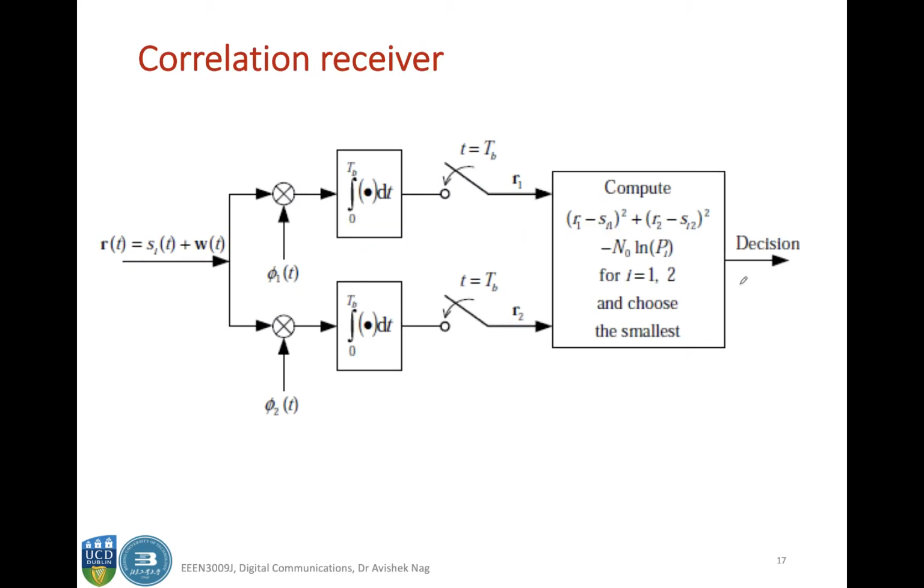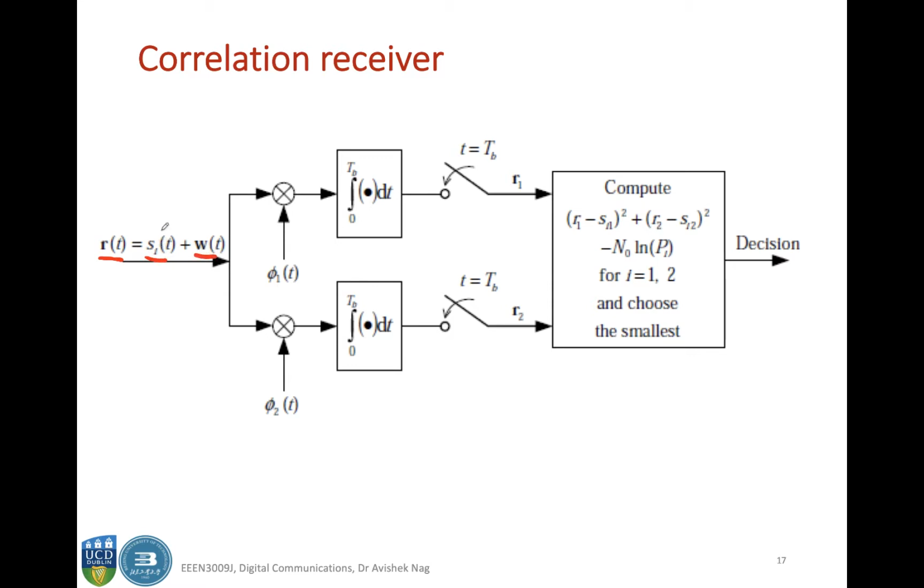So the first concept is the correlation receiver, and let's see how that can be implemented from the concepts that we derived so far. So let's say this is a correlation receiver. You have your received signal r(t), which is the transmitted signal s_i(t) plus the noise w(t).